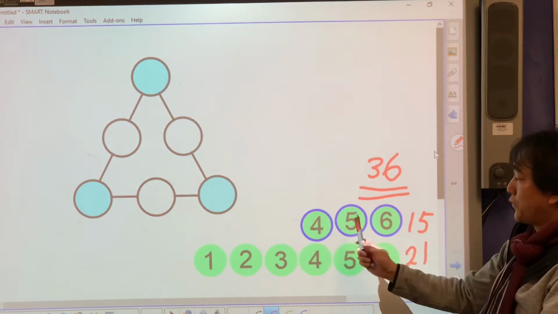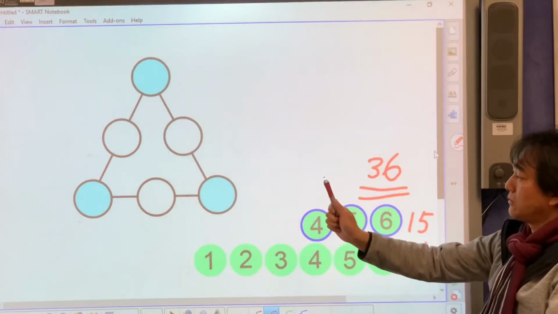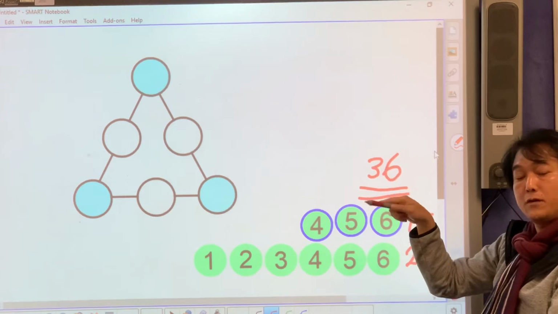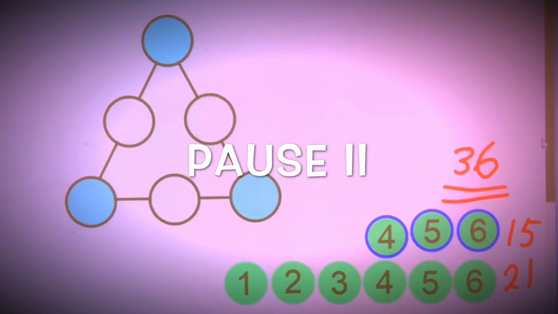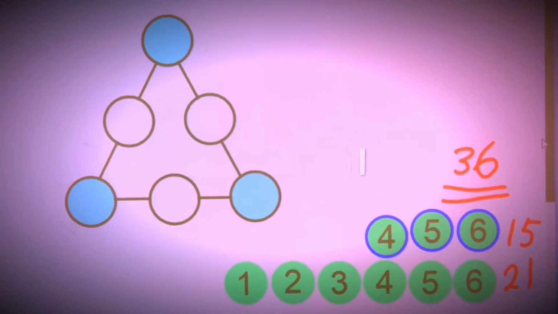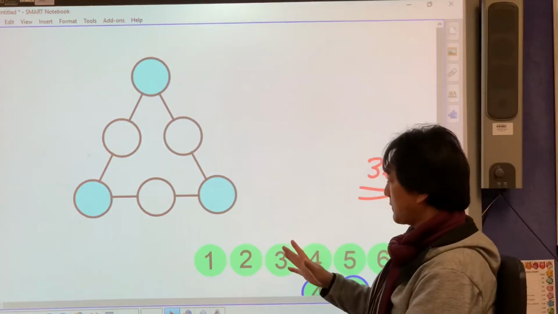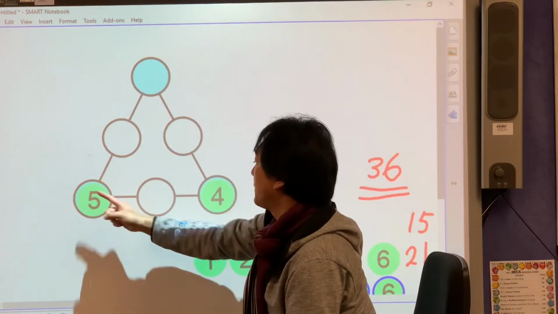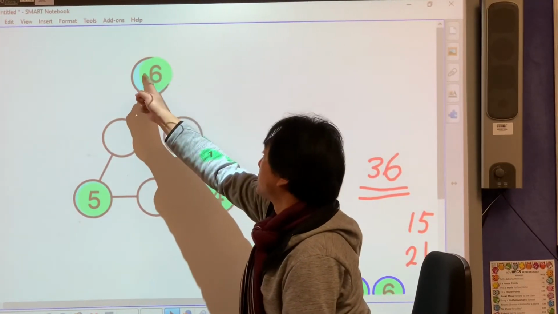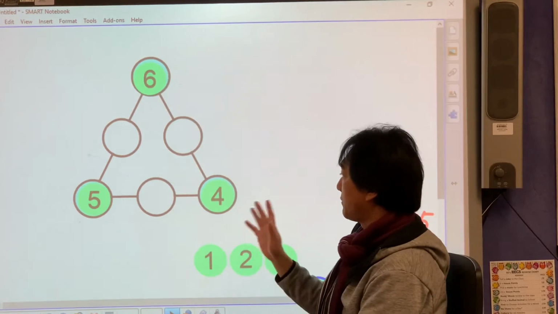So let's put 4 and 5 and 6 on each corner. Let's see if we can make a solution. Let's pause the video. Okay, let's give it a shot. So we're going to put 4, 5, 6 on each corner. Then we're going to add 1, 2, 3.